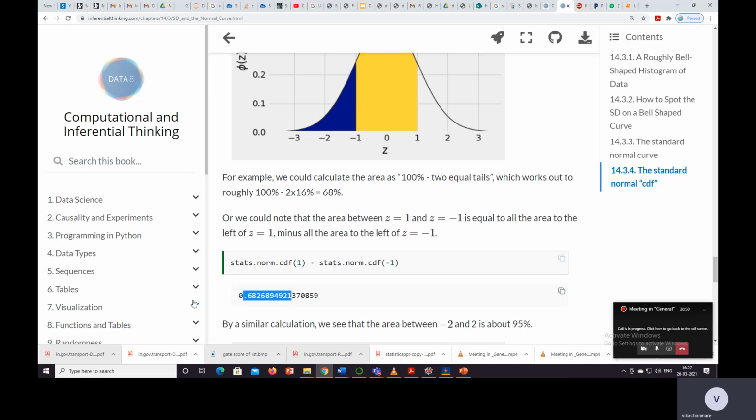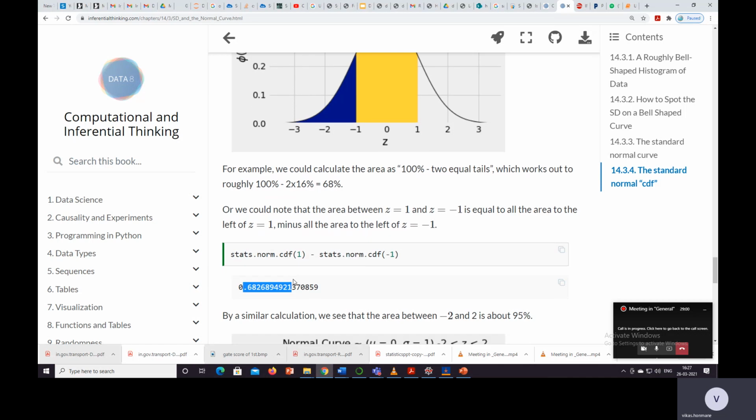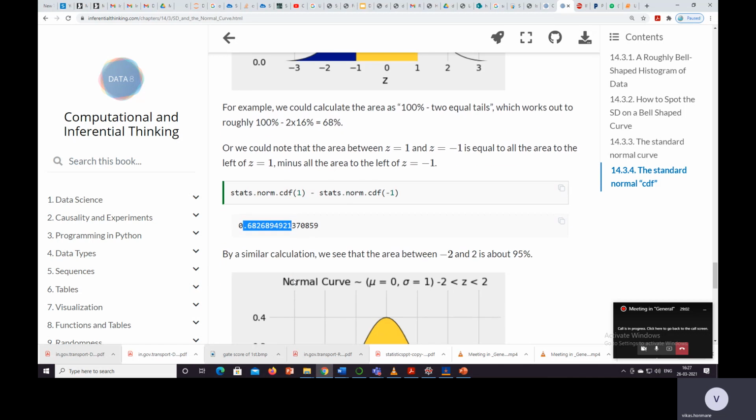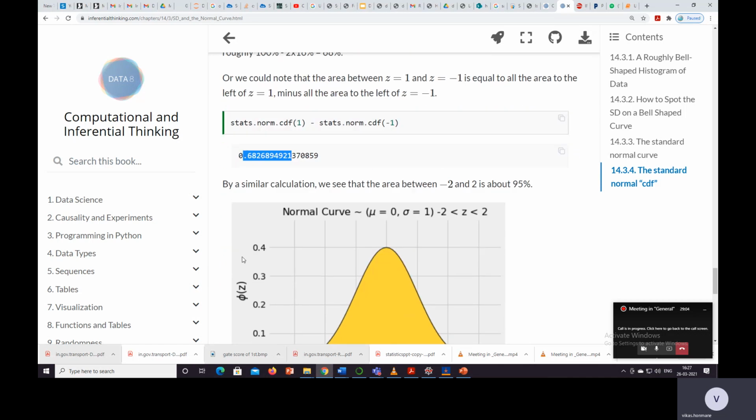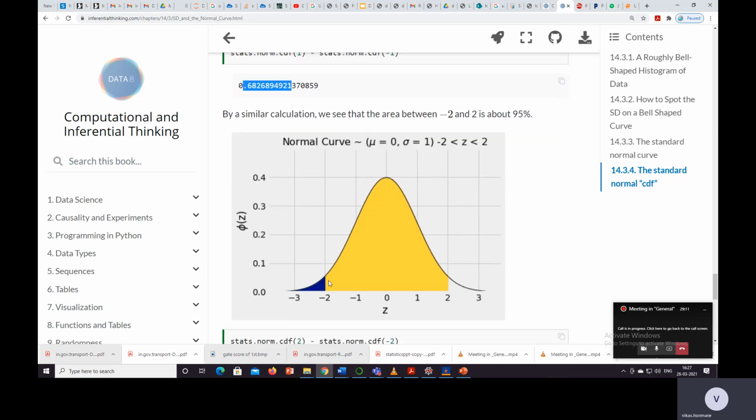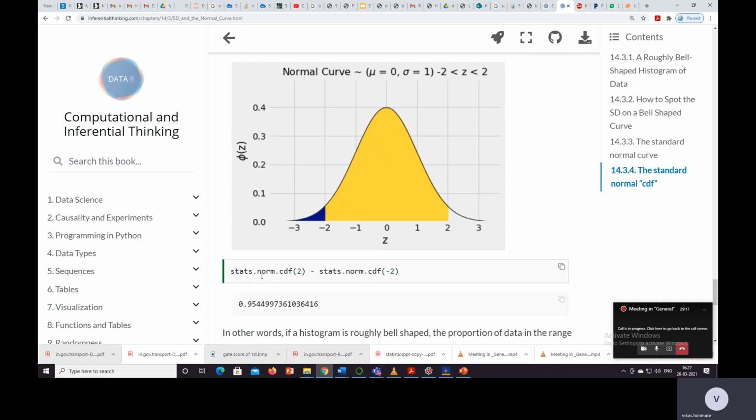We'll get the area as 0.6826. By similar calculation, we see that the area between minus 2 and 2 is about 95%, once we neglect the left hand side of minus 2.